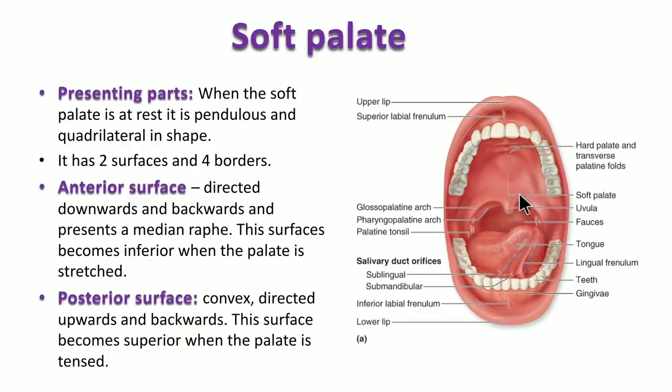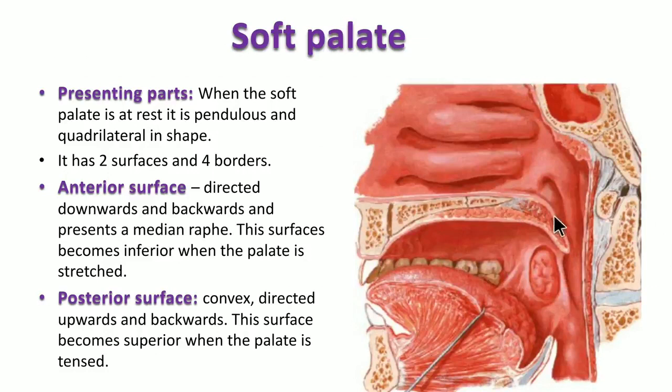The anterior surface is concave, whereas the posterior surface is convex. When the palate is stretched, this will become somewhat superior. Not exactly superior; it won't become exactly like a horizontal line, but it slopes to some extent to close this pharyngeal isthmus. So anterior surface, and then what you see is the posterior surface.